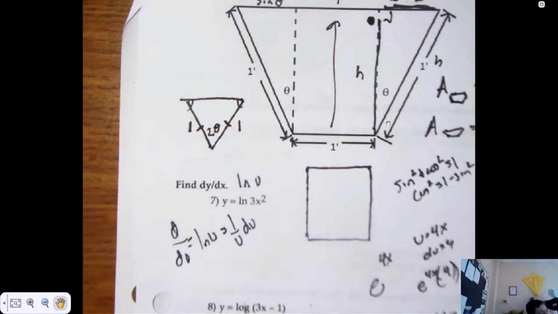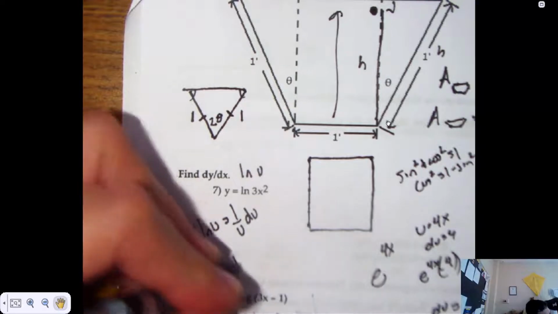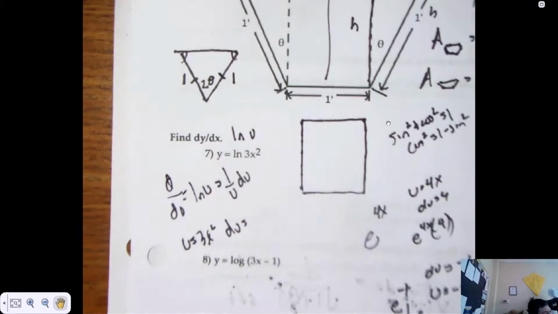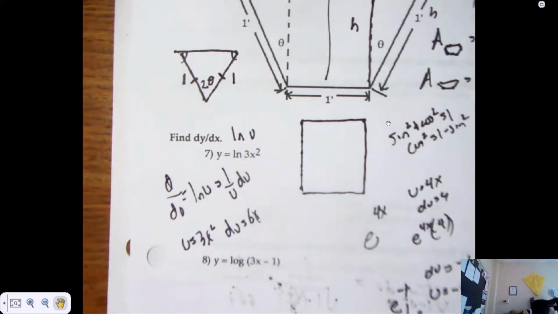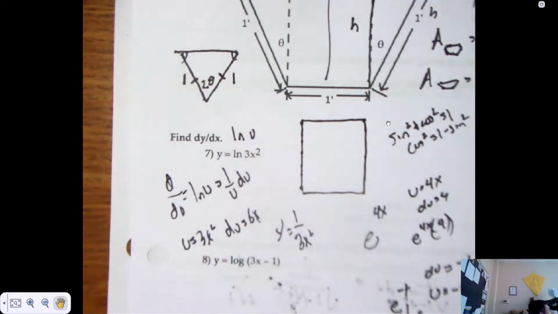U is 3x squared, and I'm going to have to find its derivative. What's the derivative of 3x squared? 6x. So I'm just going to write out what the rule says. It says throw u under a 1. So my y prime is going to be 1 over u, and u is 3x squared. And turn around and multiply it by what? du, which happened to be 6x.